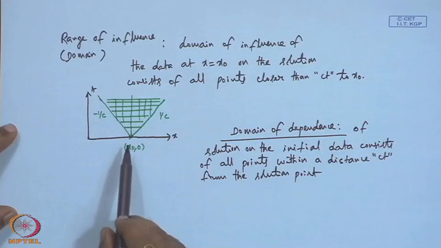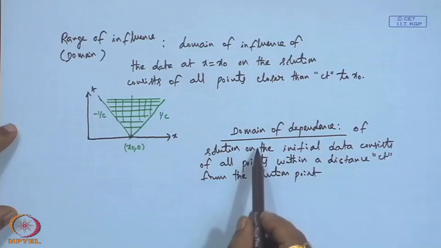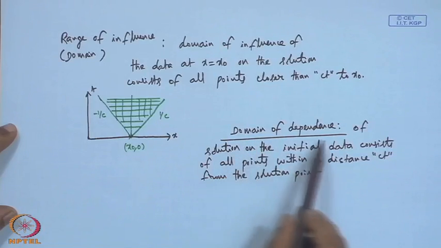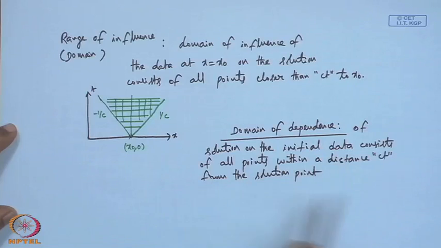So, the domain of influence of x naught is on the solution, and here it is the opposite: the domain of dependence of the solution on the initial data.